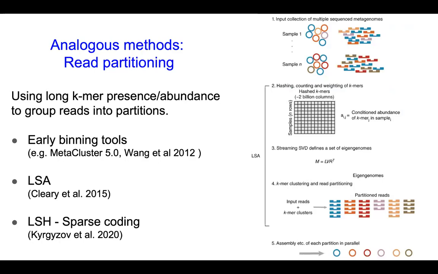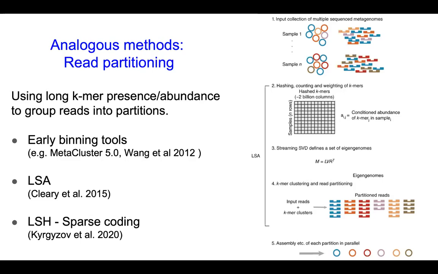The first binning tools tended to rely on this method, which uses long k-mers, say 33 or 35 nucleotides, and the assumption that each k-mer is unique in a genome. And then as you walk across a read and encounter a bunch of these k-mers, you can group the reads together based on their long k-mer content.